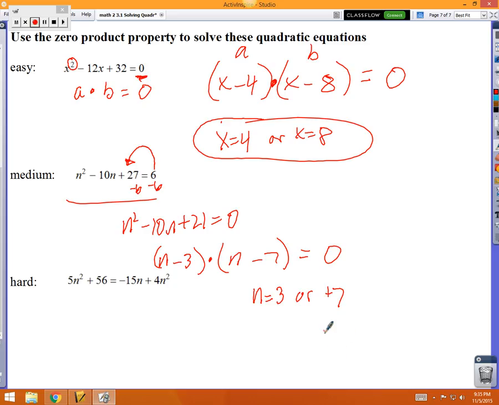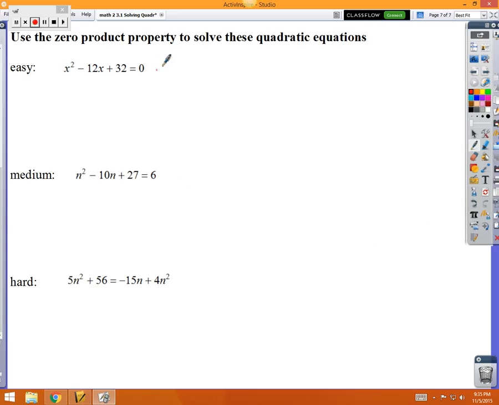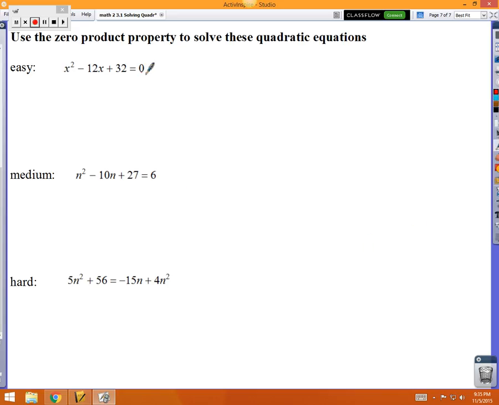Okay, the last one, the hard one. I'm going to make it look like the easy one. So I want everything on one side and I want 0 on the other side. So I'm going to take this over here. So I'm going to add 15n, and there's nothing to add it to. There's no other n's.